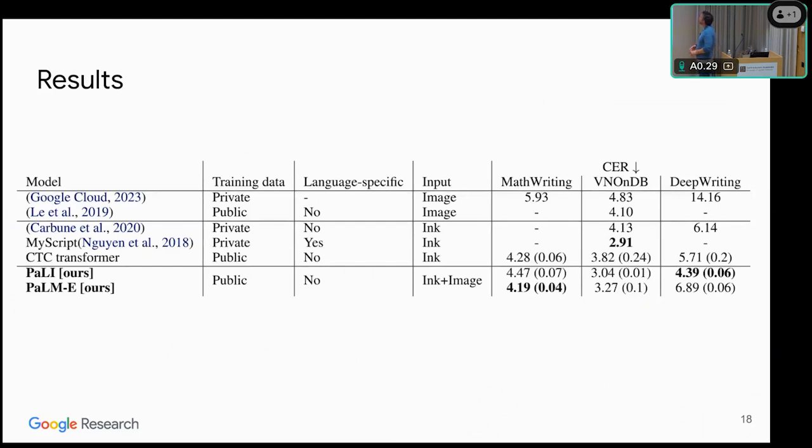What you can see here, on these three data sets, math handwriting, the Vietnamese one, and the DeepWriting, is that we actually gain in performance even over the state-of-the-art models for most of them, aside from the MyScript model, which is specifically trained for Vietnamese. So this is the one where we're not quite performing as well, but we're extremely close and also not training a language-specific model.